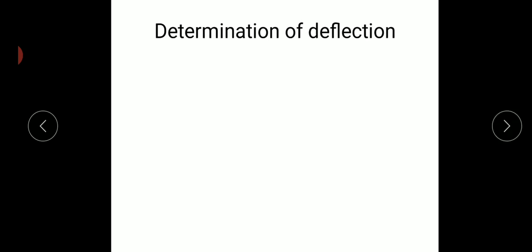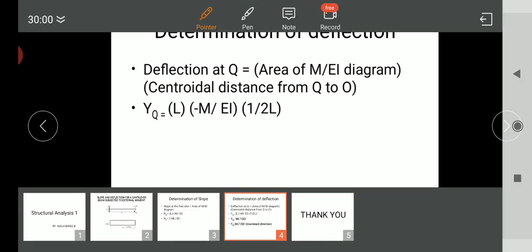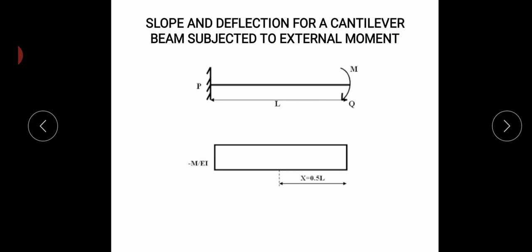The next thing is how to determine the deflection. As I said, the deflection is the product of the area of the M by EI diagram and the centroidal distance from the reference point. Here the reference point is the free end itself. So Q is the reference point where I am supposed to calculate the deflection.